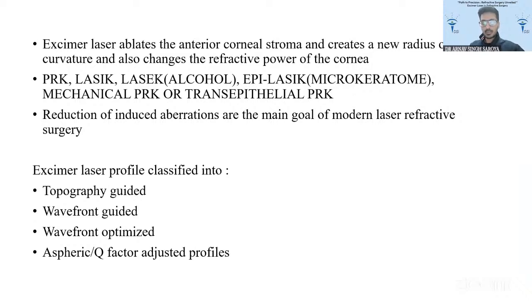Depending on the lineage of surgeries: PRK, LASIK, LASEK, epiLASIK, mechanical PRK, or transepithelial PRK. How they work is by reduction of induced aberrations, and based on that, Excimer laser profiles have been classified into topography guided, wavefront optimized, aspheric, or Q factor adjusted profiles.